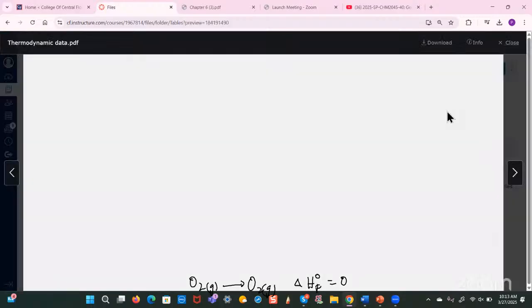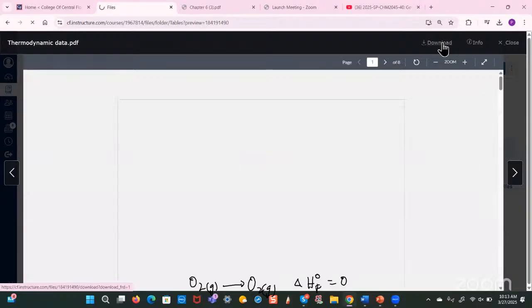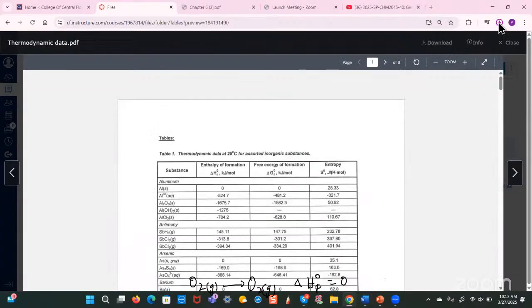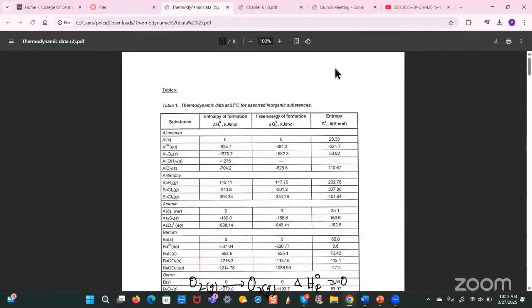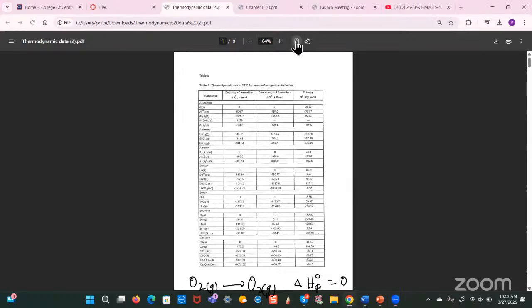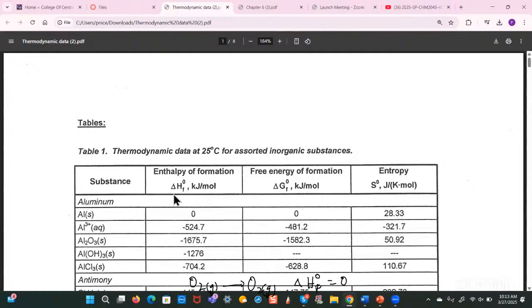Okay, so this is the table that you'll have access to. And for all purposes, we'll be concerned with only this column right here, right? Now, for those of you who have to do Chem 2, you'll be using these two when you get to that level. But for all purposes, we're just concerned with the enthalpy of formation column right here, all right?